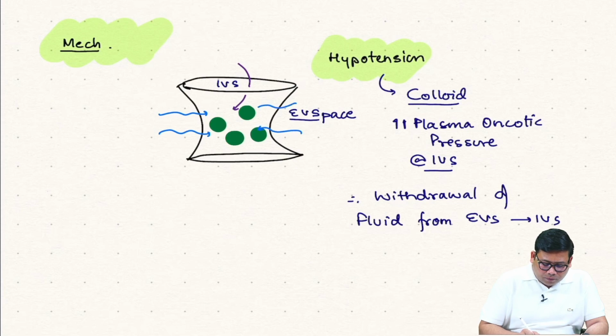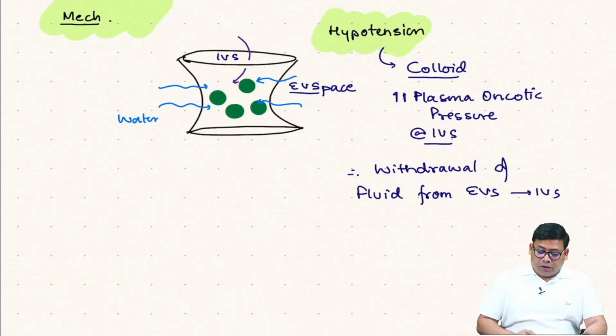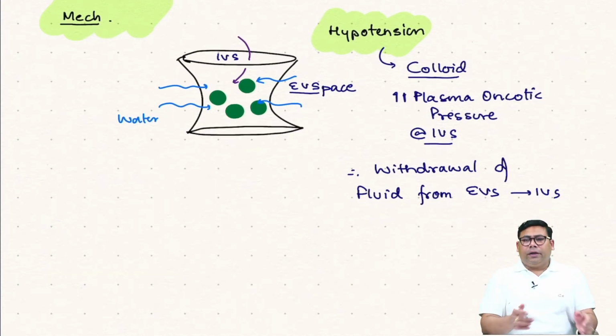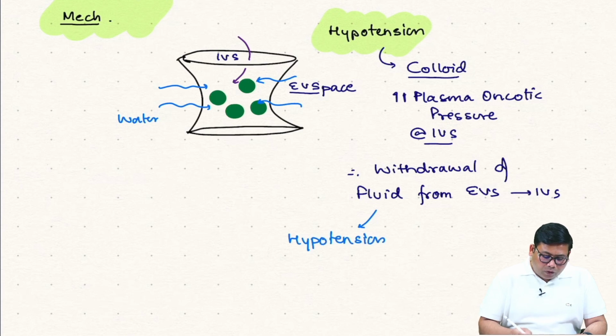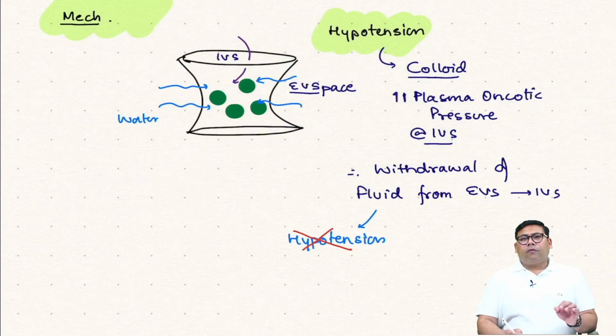And therefore there is correction of what? Hypotension. So there is influx of fluid into the intravascular space, and therefore the hypotension that you were seeing got automatically corrected. This is the beauty of colloids.